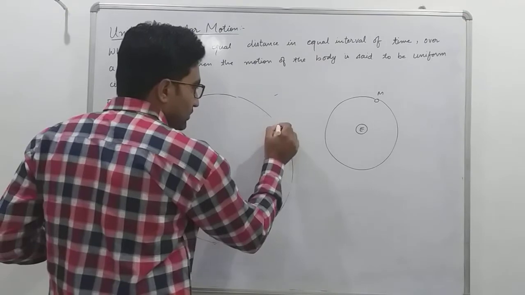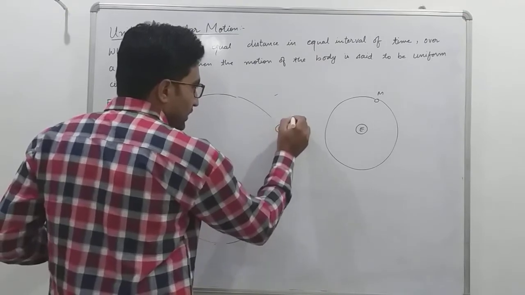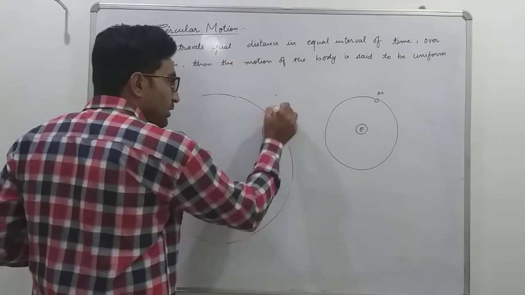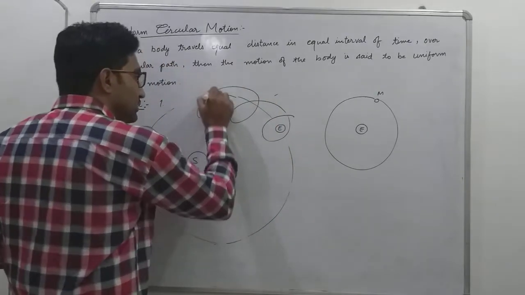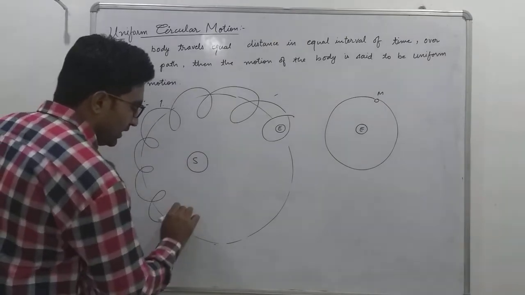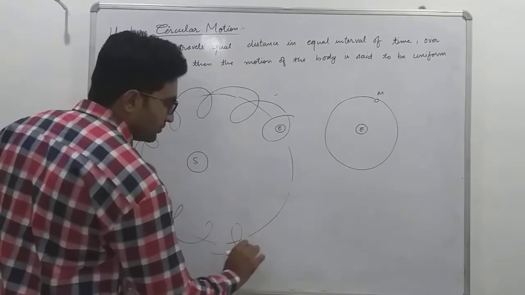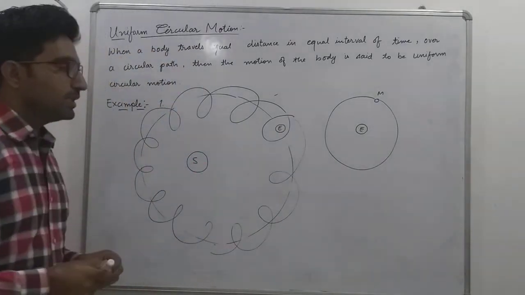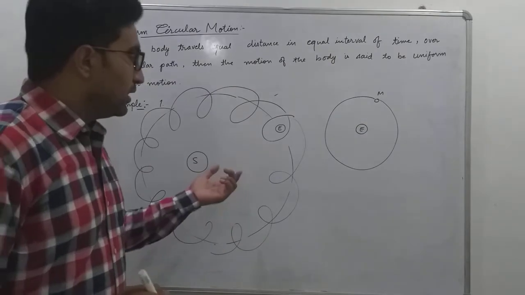Then the motion of the Moon around the Sun is not uniform circular, but helical. The motion of the Moon will be like this. It is a helical motion.